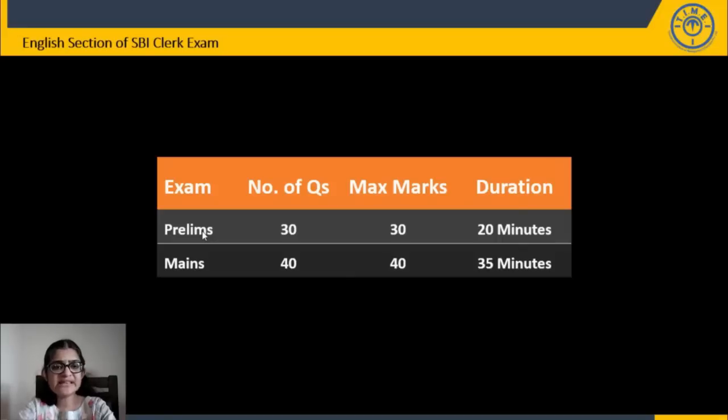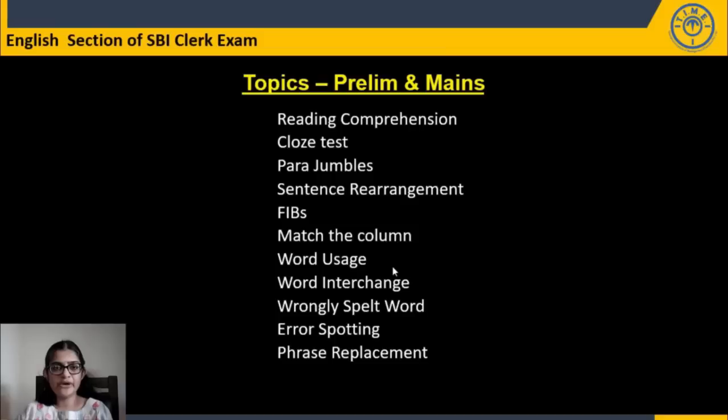And in the mains exam, you have 40 questions, you have 40 marks of course, and 35 minutes for the English language section. Now, we move on to the topics or the syllabus of the exam. The syllabus of the exam has remained more or less the same over the years.